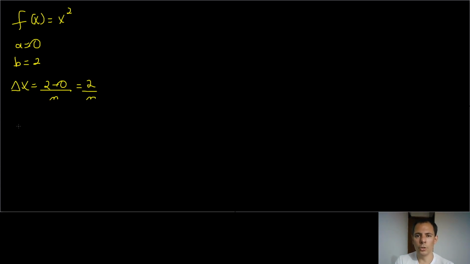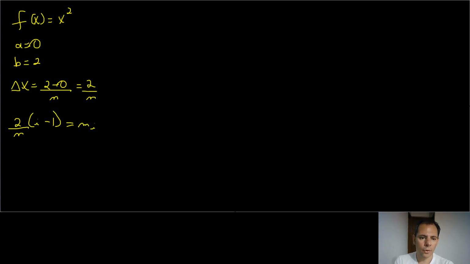Now, I'm going to use the left endpoint formula. So we have 2 divided by n times I minus 1. And so what is this thing here? This is going to be the value of x. This equals mi, which is the value of x for a certain I. The value of x for I equals 1, the value of x for I equals 2, the value of x for I equals 3.